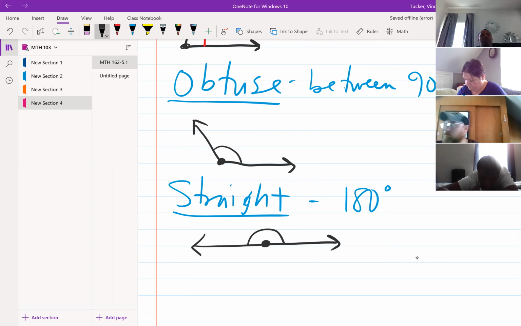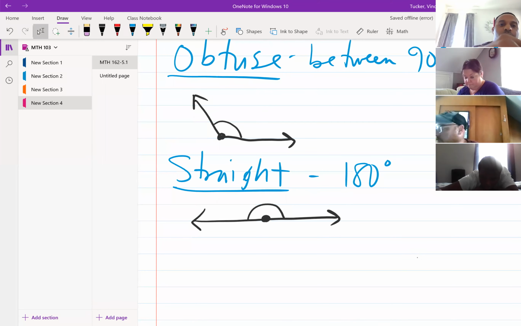All right, and the next two: an obtuse angle is between 90 degrees and 180 degrees. Then your straight angle is 180 degrees. And I didn't mention this one either, but I can.